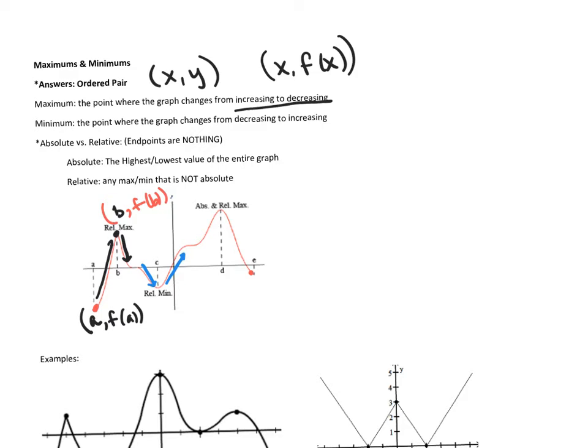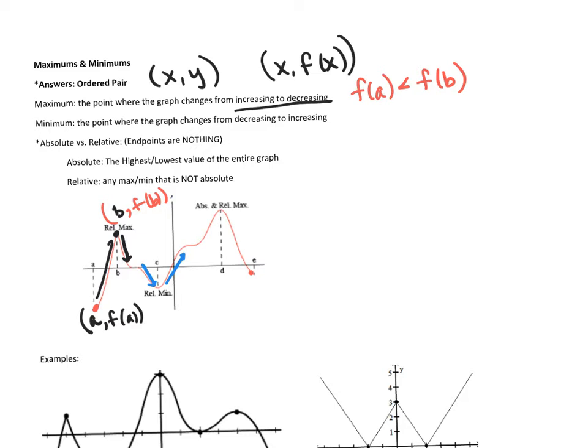And so in a maximum, look what happens. The y value here, our f of A, is lower than the second y value here at f of B. So by definition, we can write a max as from a point changing from increasing to decreasing, or when f of A is less than f of B, which means the first point is lower than the second point.